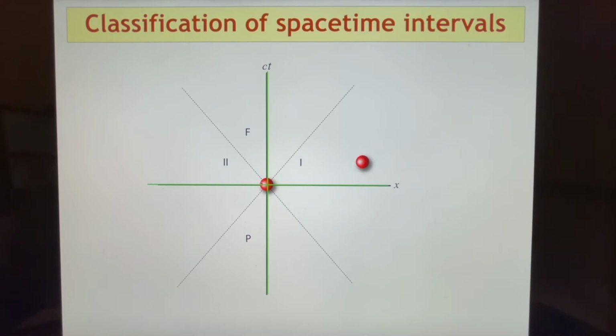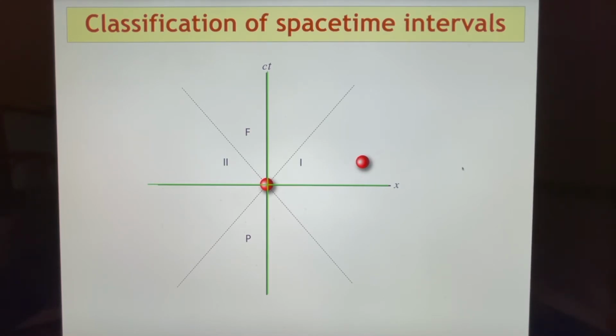So I have two events here that are space-like separated. You can see that in this frame, t and x, these events have more spatial separation than time separation. So they're space-like separated. Now, here's an alternative definition of space-like separated events. Two events are space-like separated in special relativity if I can find an inertial frame in which the two events happen simultaneously. Now, can we do this for these two events?